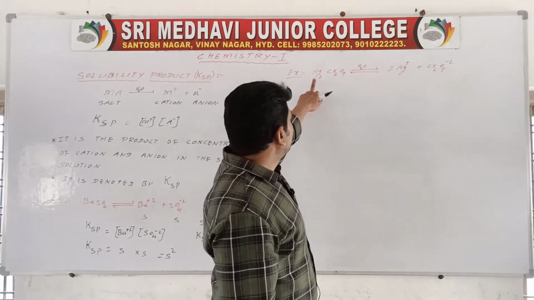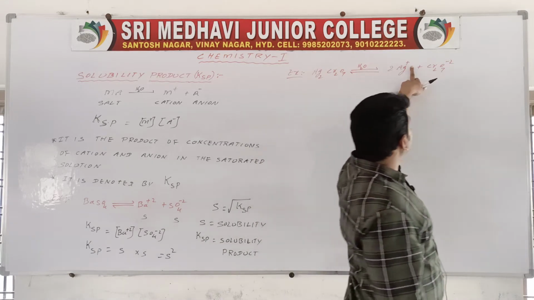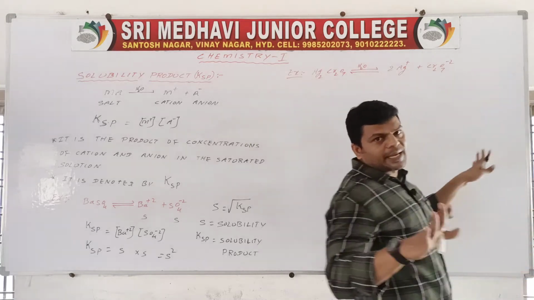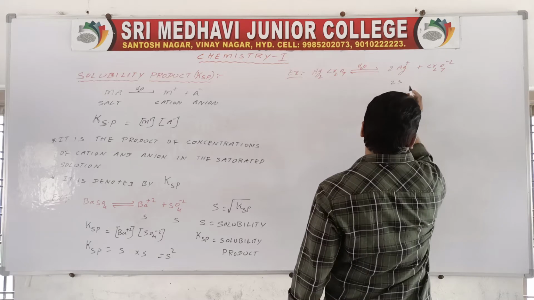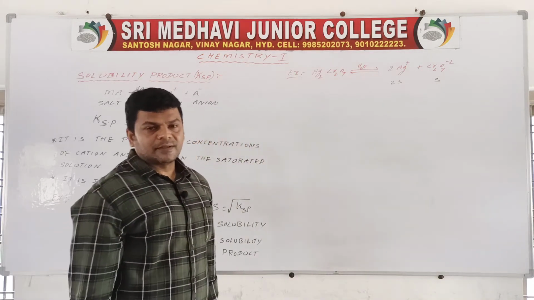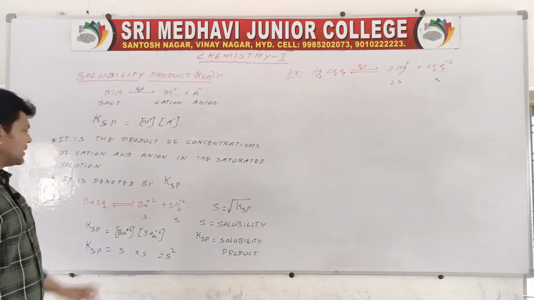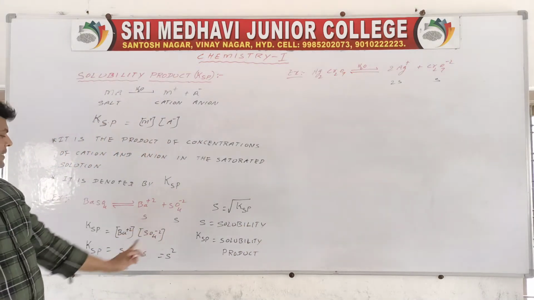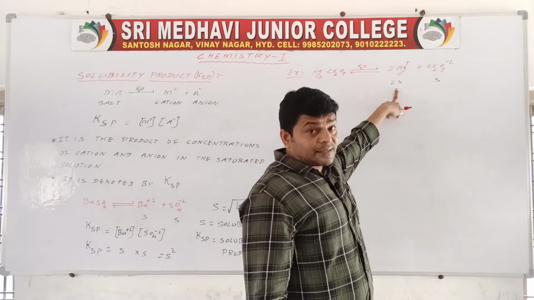Here 2 into plus 2 and minus 2 cancel. Its solubility is 2S for silver and S for dichromate.